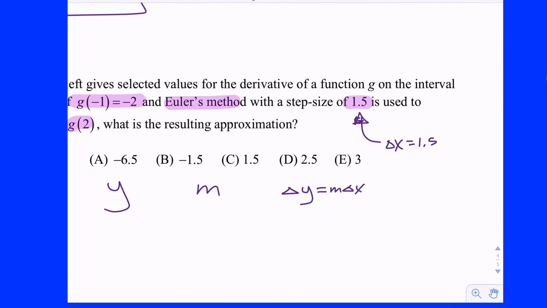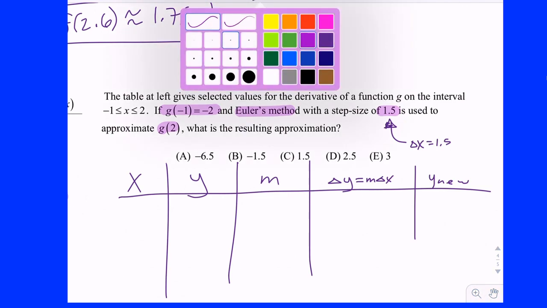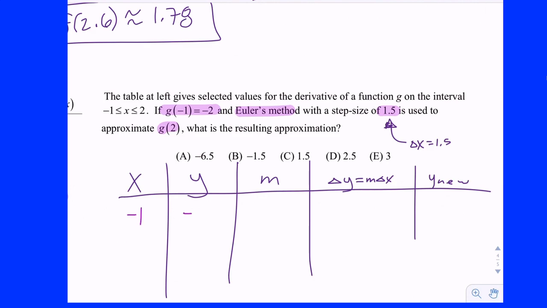I like to write that in there for some reason. And then y sub new. Again, the chart that you make here helps you organize the information that's given, whether it's an equation or a table of values. We are starting at what ordered pair? -1, -2. And our delta x is 1.5.